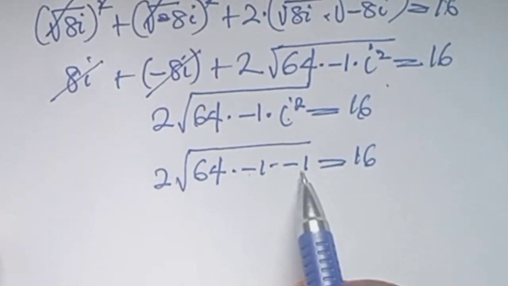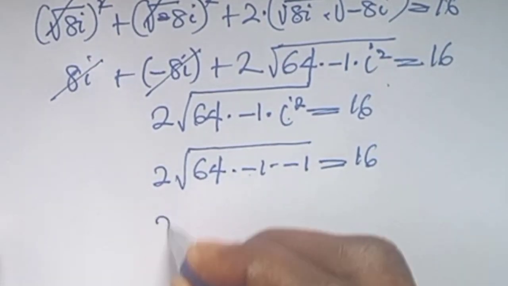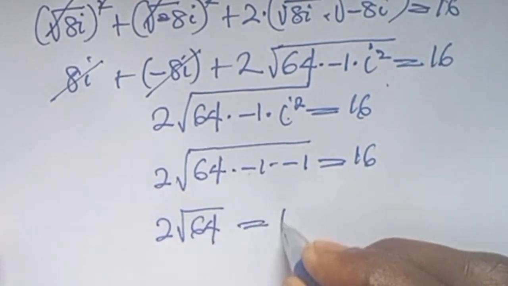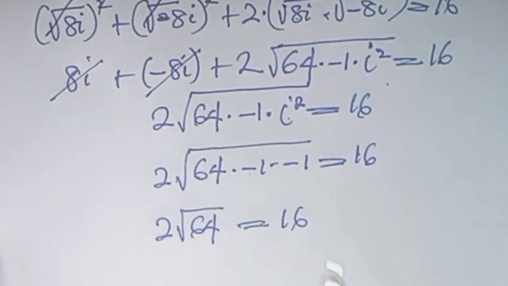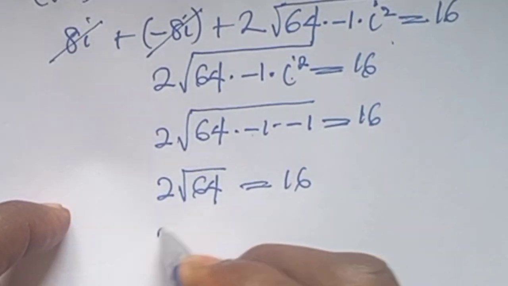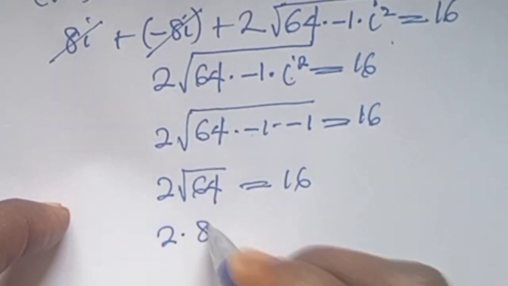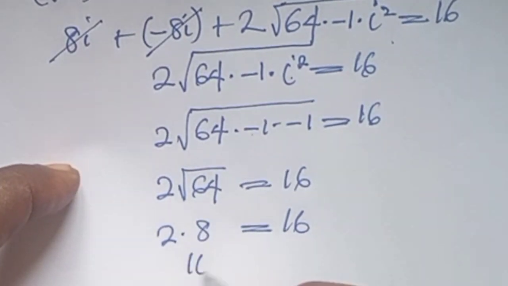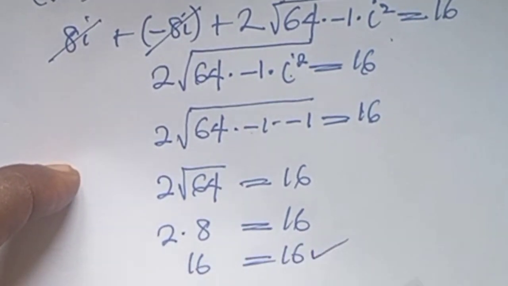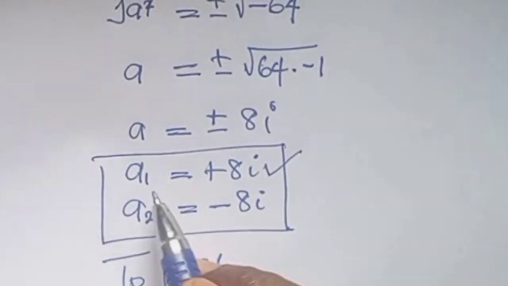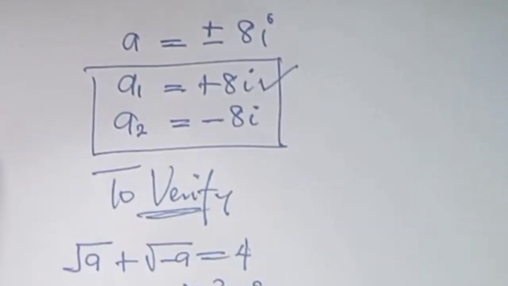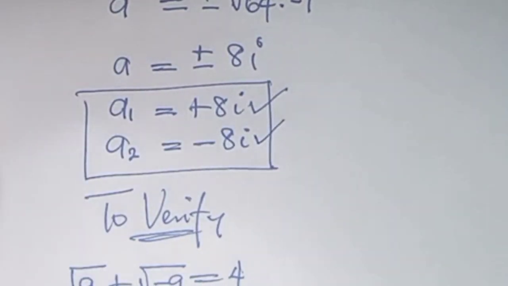Minus 1 times minus 1, that is plus. So the next line becomes 2 times square root of 64 equals to 16. So 2 times the square root of 64, which is 8, is equals to 16. And 2 times 8 is 16 equals to 16. So it is true that the value of a1 equals to plus 8i satisfies the equation. You can try this out on your own.